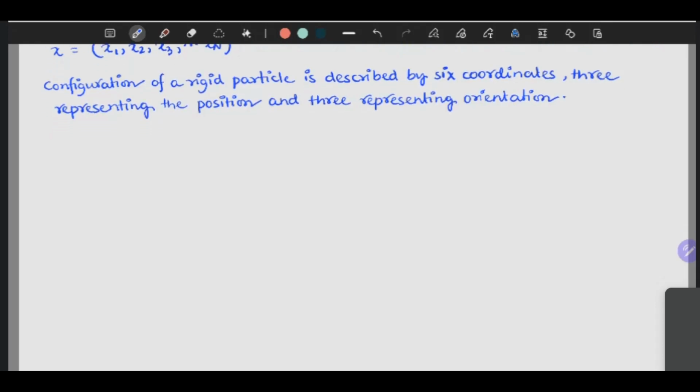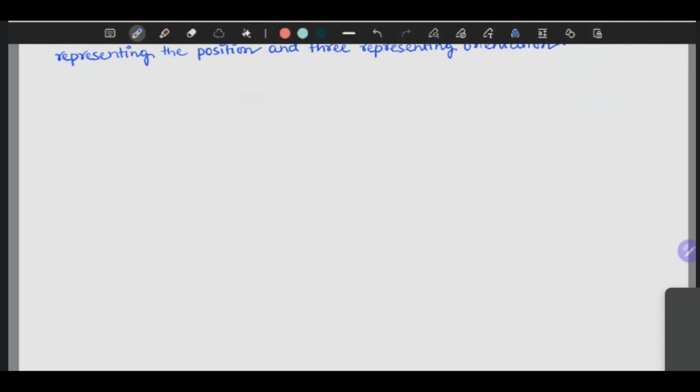Okay, so let's say such particles are moving in a potential.